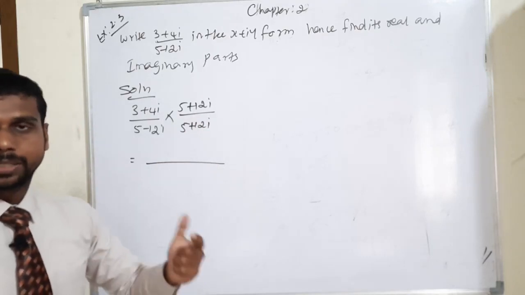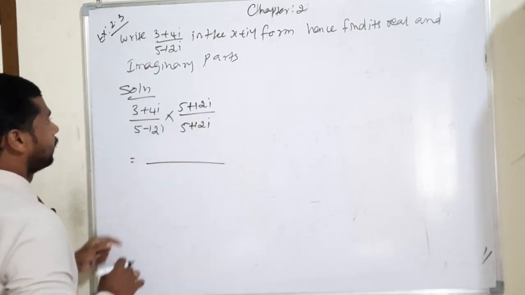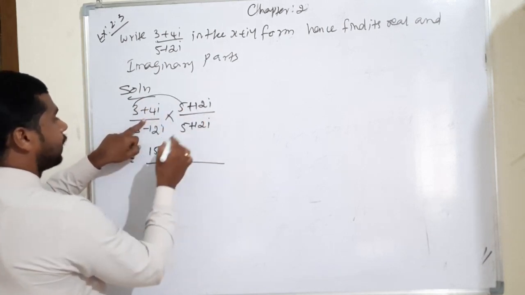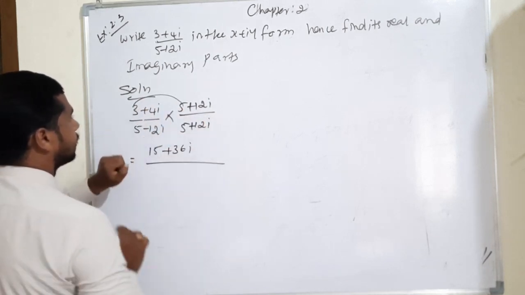A plus b into a minus b gives the a square minus b square form. Then here 3 into 5 is 15, 12 into 3 is 36, so plus 36i.